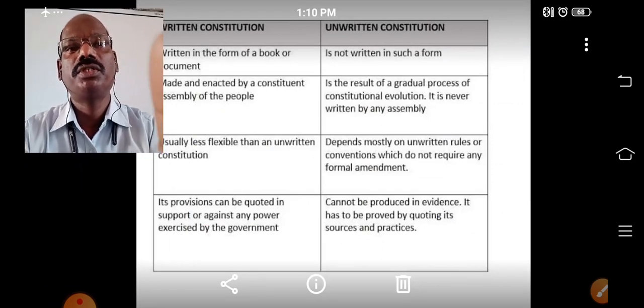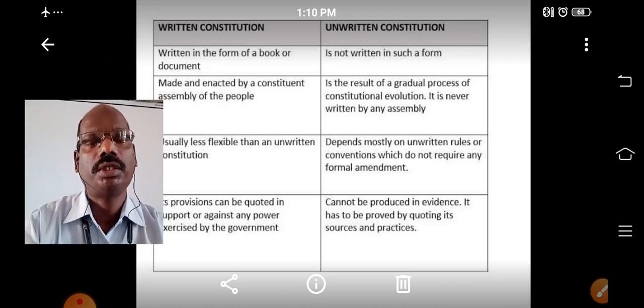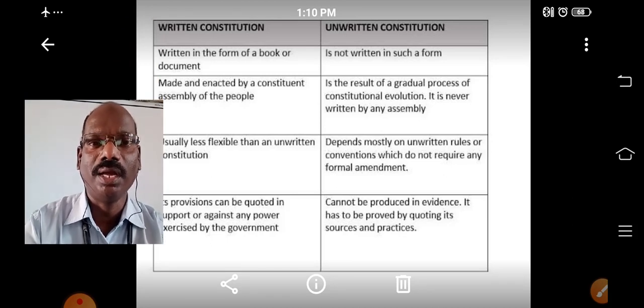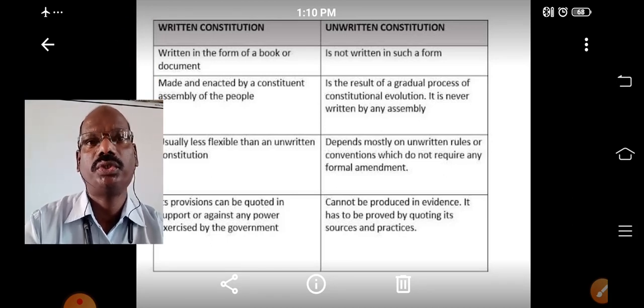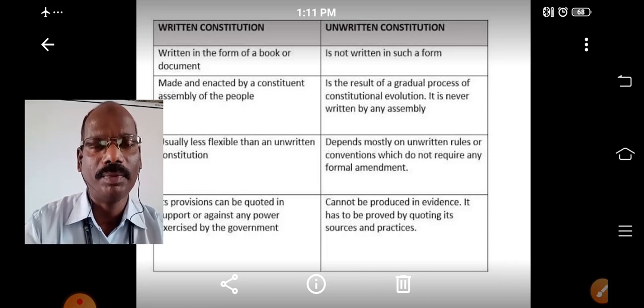First of all, the written constitution and the unwritten constitution. What are the differences between them? A written constitution is in the form of a book or a document.